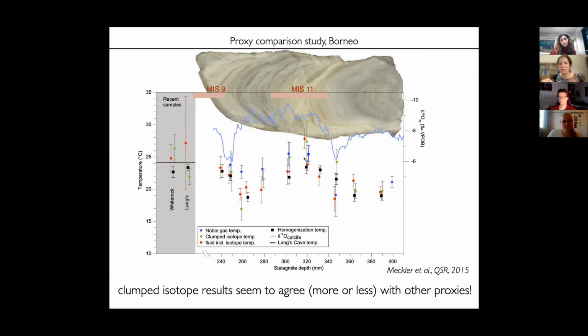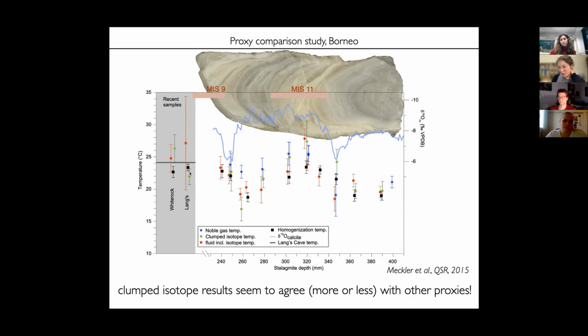I mean, there's of course scatter in all of them, and the errors are relatively large, but overall the temperatures are quite close to what we get with the other proxies. And also for 2 recent materials, the measured cave temperature is the gray line here. The clumped isotope temperatures weren't too far off.